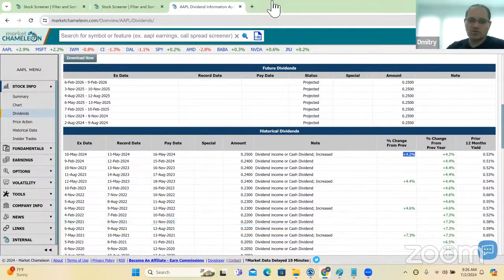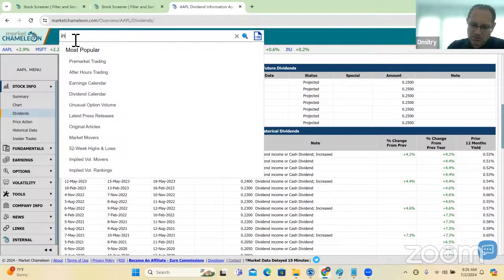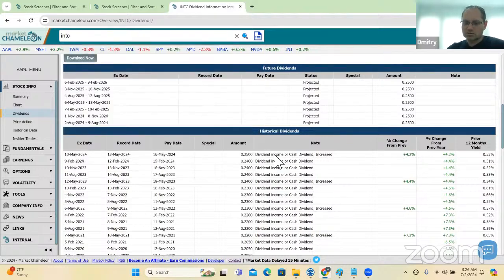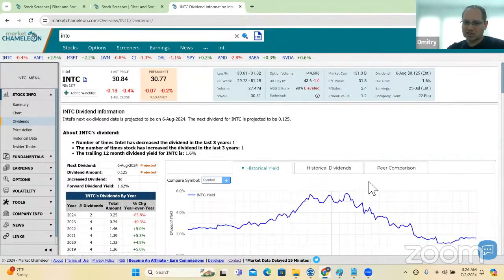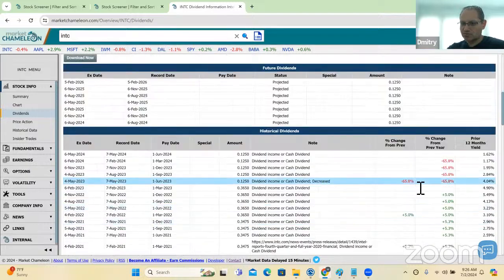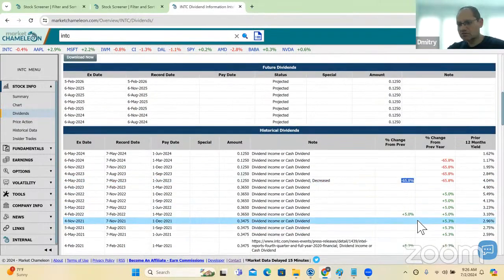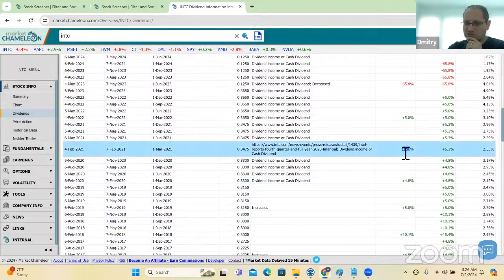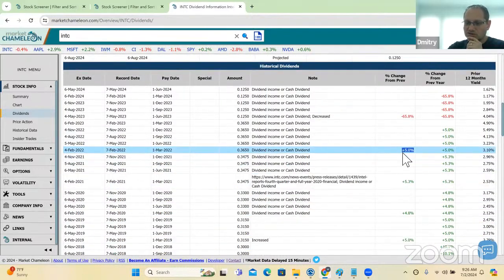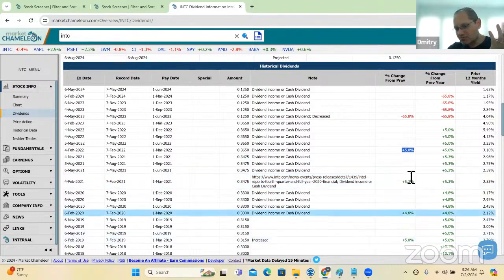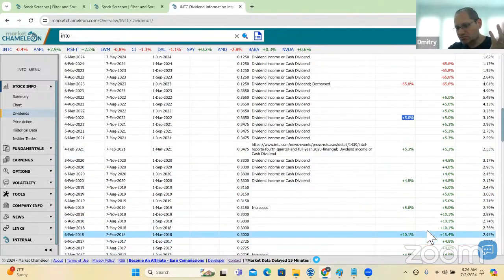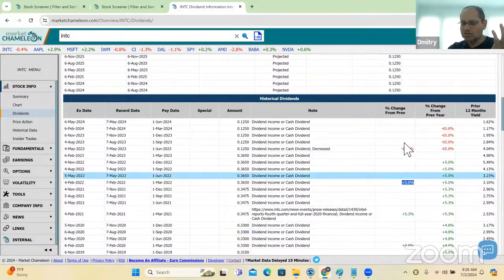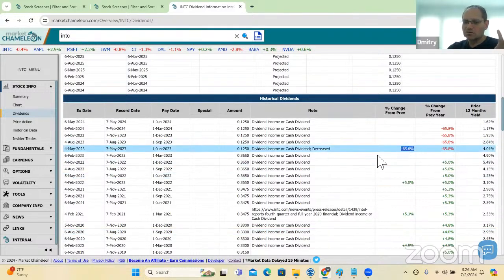That's happened before. Let's take a look at Intel, where I believe they had to cut in one year. So here you go, look at this. Intel increased 5%, 5%, 5%, 5%. And then all of a sudden, what happened here?